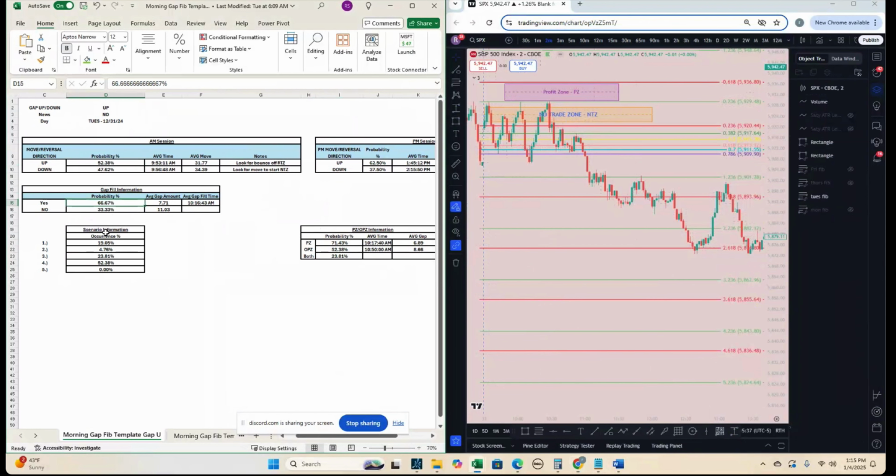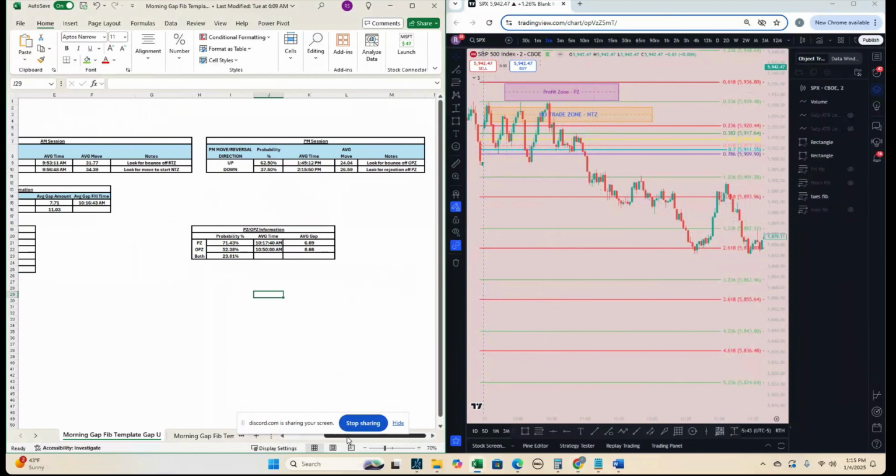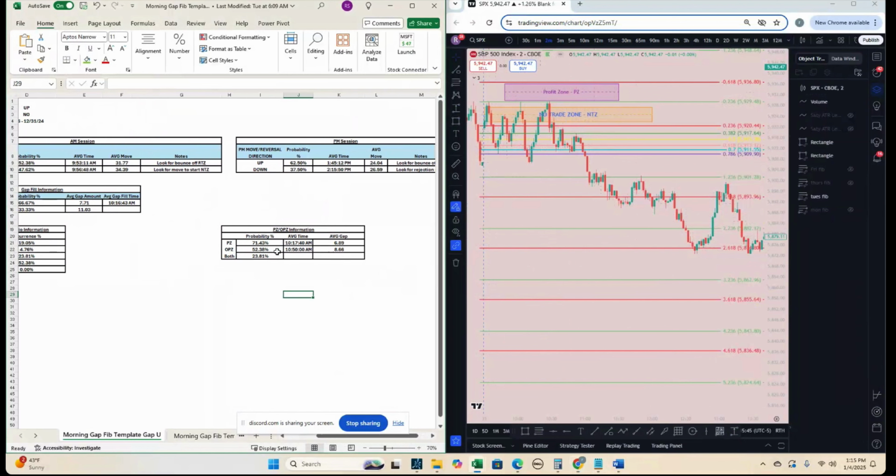All right. I'm going to come back to this part here. From a profit zone and an OPZ aspect, anything that is over 70% for PZ, I like. 80%, I love.